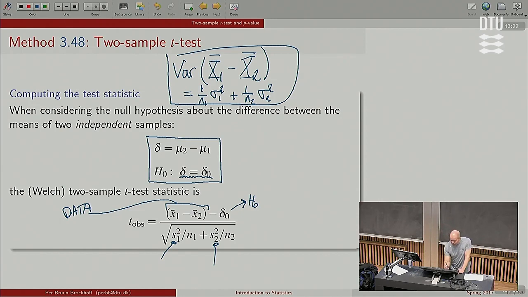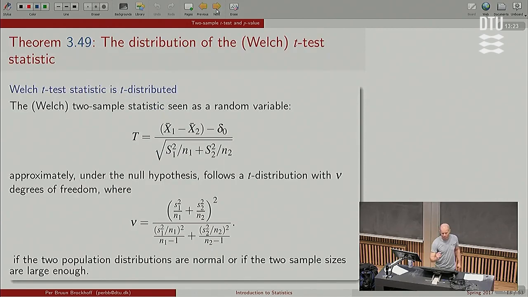And the reason why that is then called T-obs is because magic happens, that the t-distribution appears again. And here is the theoretical version of this result, where I have the same expression, now expressed by capital letters to emphasize that I can see it as a computation that depends on the two samples.